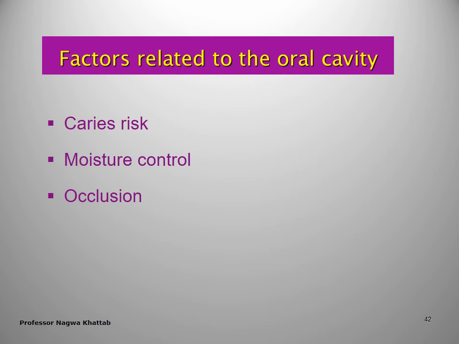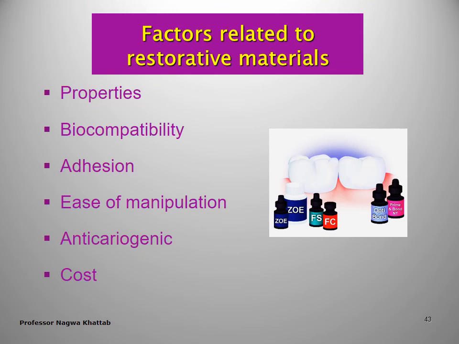All aesthetic restorations depend on moisture control. If you can't achieve proper moisture control, it means failure of the material. Also the occlusion. Factors related to the material itself: properties, biocompatibility, adhesion, ease of manipulation, anticariogenic property, and the cost.